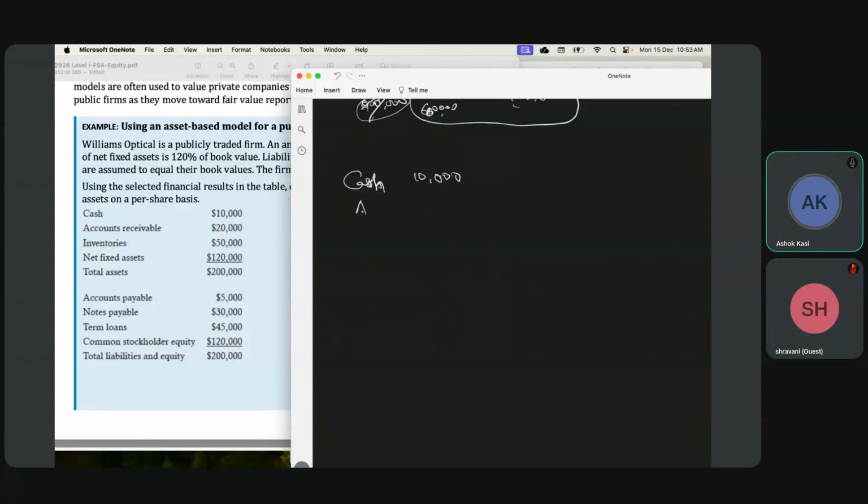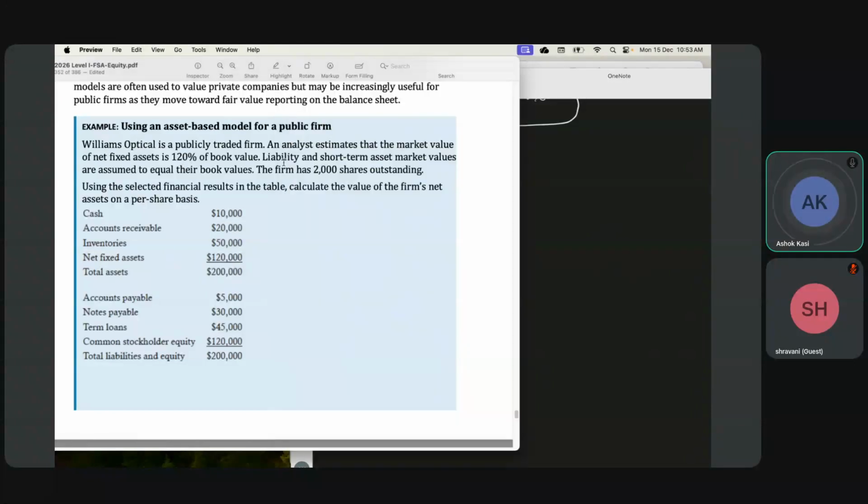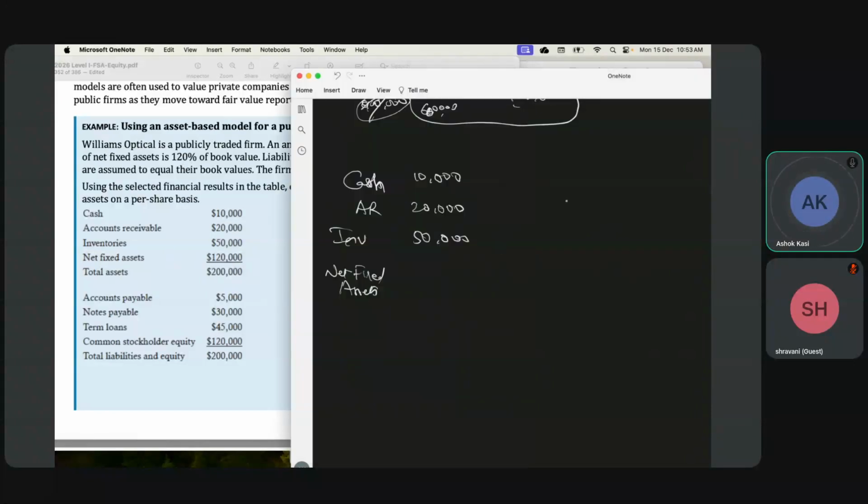Then accounts receivable 20,000. Inventories 50,000. Net fixed assets, they said 1,20,000, but the market value is 120% of book value. That means if it is 100, it will be 120. So if it is 120,000, how much will it be? Cross multiply.